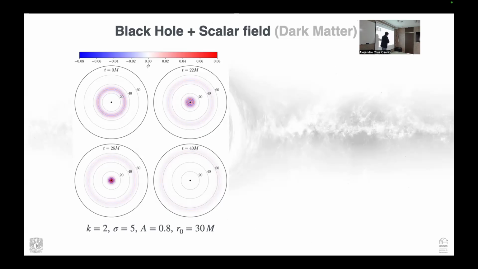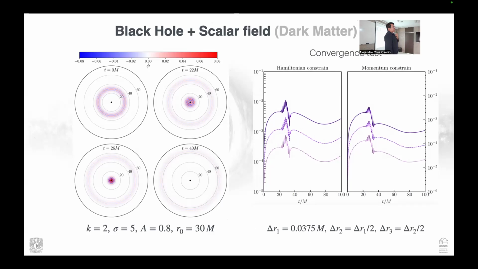At the end, we can observe that here, for example, this wave packet, this mode of the wave, is going close to the black hole. Here it is very close, entering into the event horizon, and here it disappeared, no? And then it's accreted. Now we can measure how the black hole mass increased.